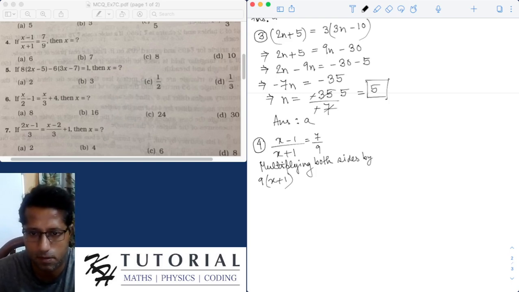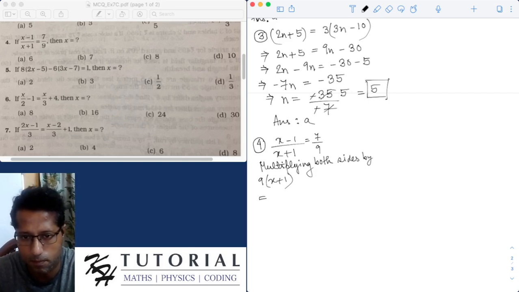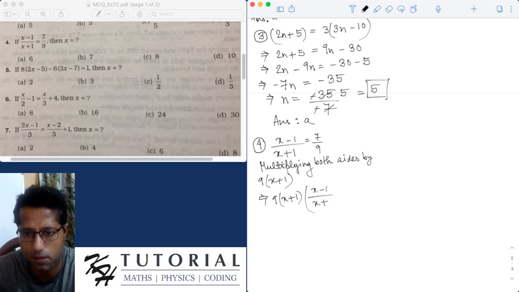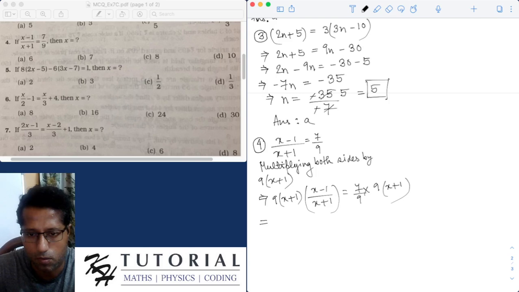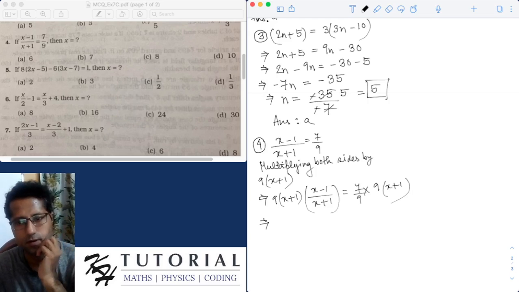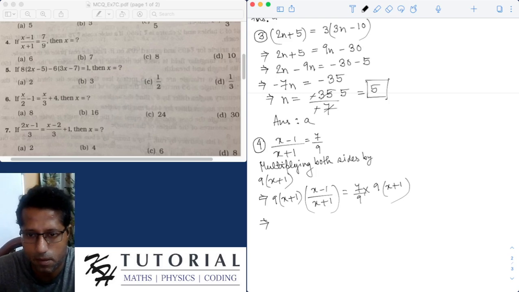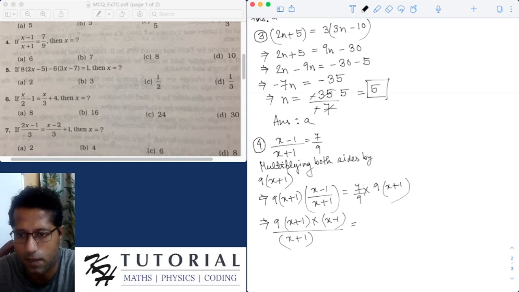So multiplying both sides by 9 into x plus 1 implies 9 into x plus 1 multiplied by x minus 1 over x plus 1 equals 7 by 9 multiplied by 9 into x plus 1. Now if we want to simplify the LHS and RHS and remove the brackets, this is nothing but 9 times x plus 1 multiplied by x minus 1 divided by x plus 1, and 9 gets cancelled out.